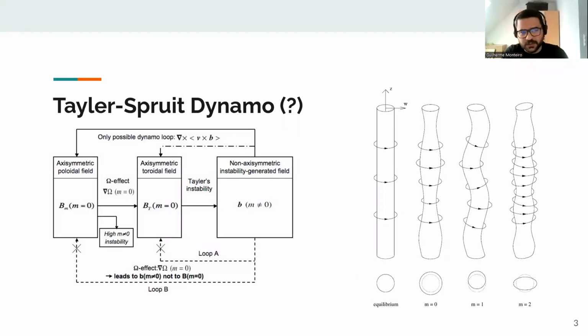In this case, in the Tayler-Spruit dynamo, what Spruit proposed was that the non-symmetric field generated by the instability would suffice to represent a poloidal field and be rewound into a toroidal field by the existing differential rotation.